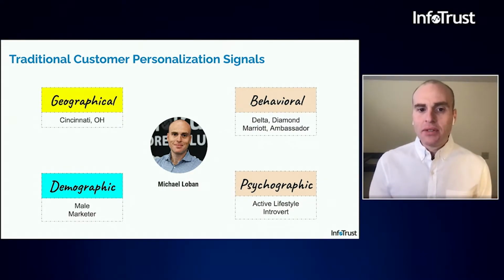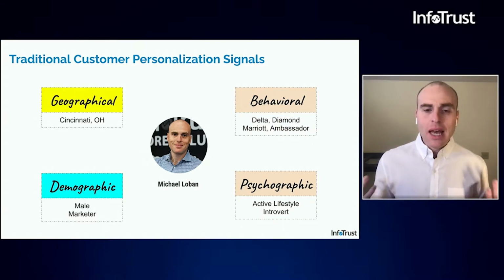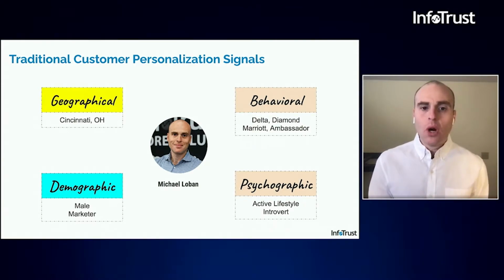I enjoy active lifestyle, male, obviously, and I'm in marketing field. And a lot of times organizations purely use this information to determine what advertisement or what type of promotion to serve me. The question, though, is that actually enough?